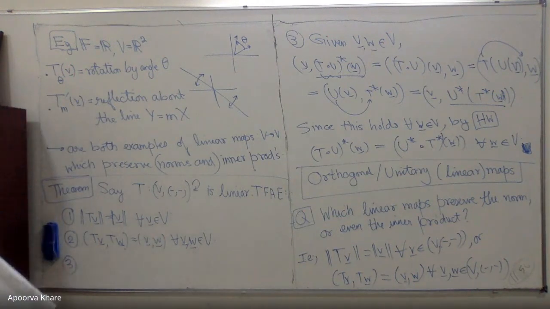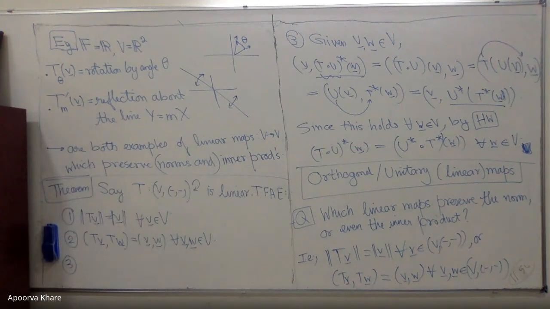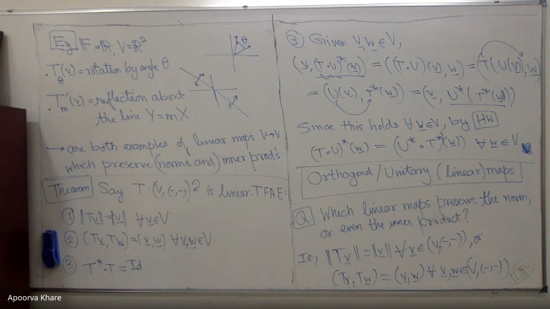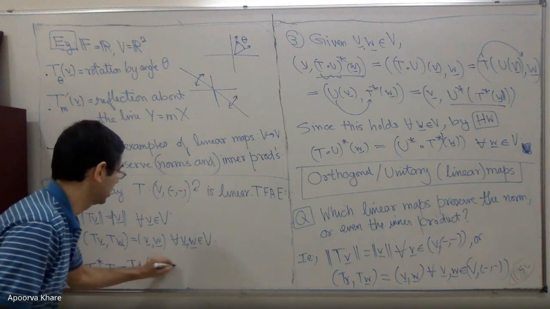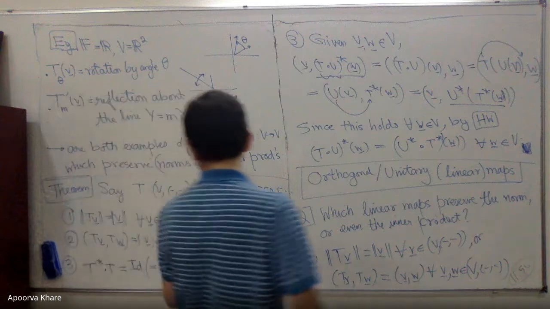And the third is that T satisfies by itself, without any vectors around, T times T star, or T composed with T star, or T star composed with T, is the identity.